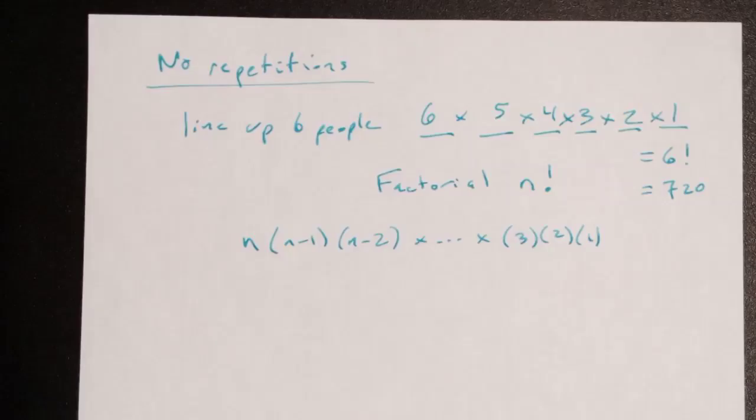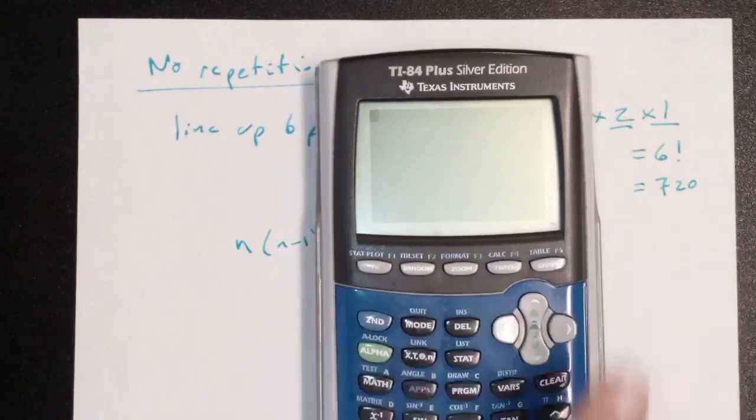Grab your calculator. There is a factorial button on your calculator. At least there should be. You know where it is? If you have a calculator that has any probability or statistics functions on it, you will have a factorial button somewhere. If you've got a graphing calculator, the factorial button is hiding.